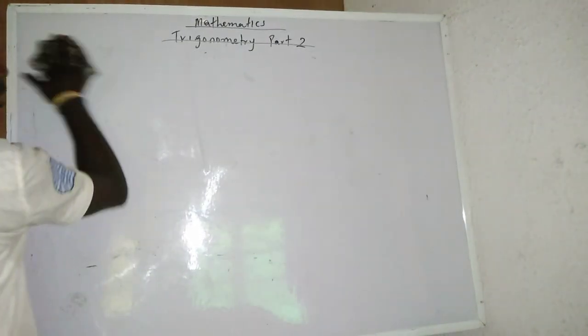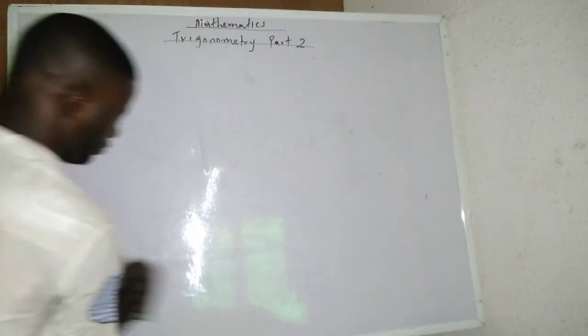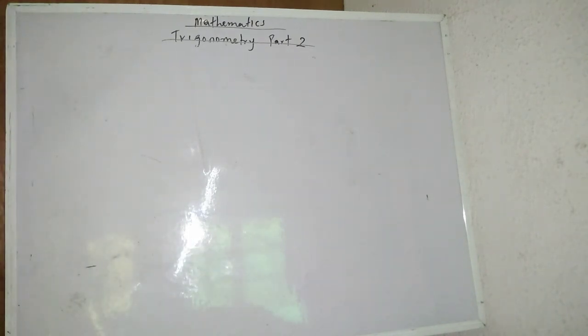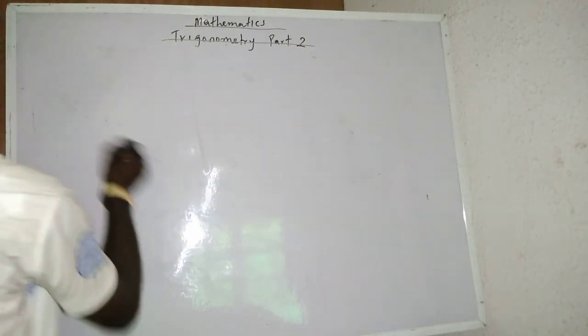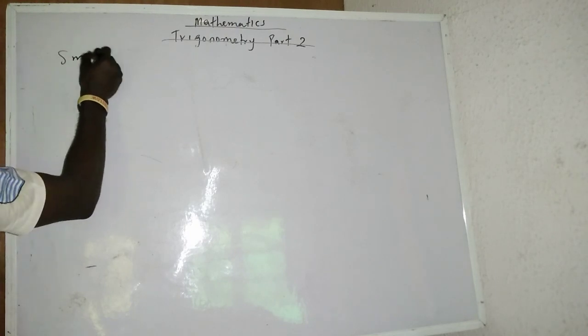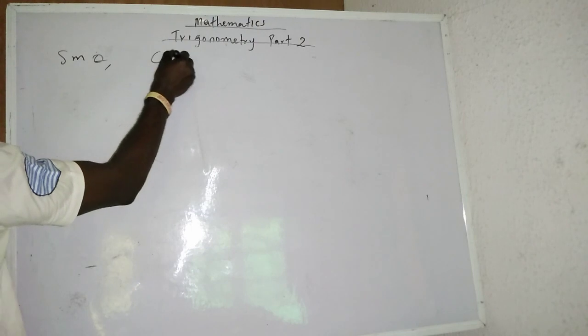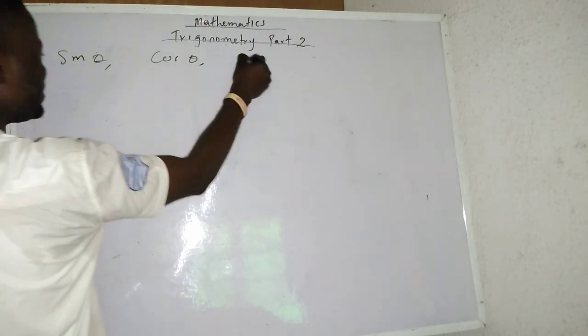If I should talk about the nature of the trigonometry graph, basically the ratios are sine theta, cos theta, and tan theta.